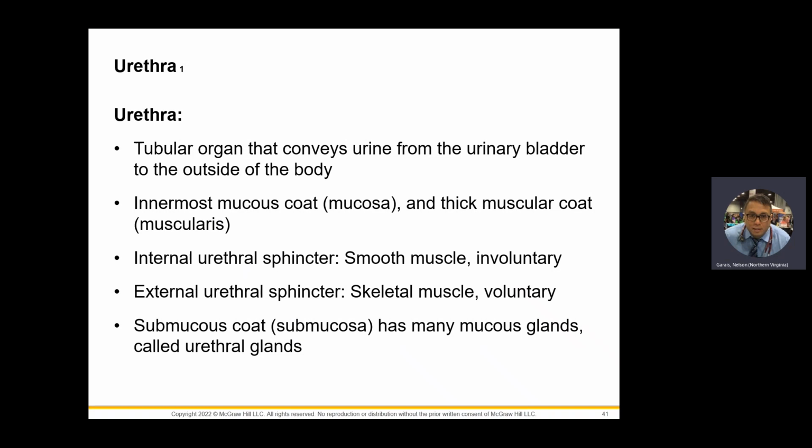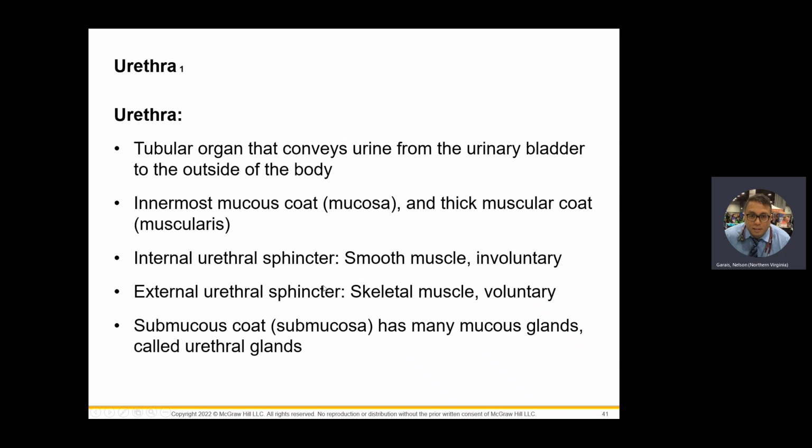The ureters and the urethra perform peristalsis because we want not only the urine to come down, we want it to come down efficiently. And just like the anus in the gastrointestinal system, you have internal and external. The external, of course, is skeletal muscle.